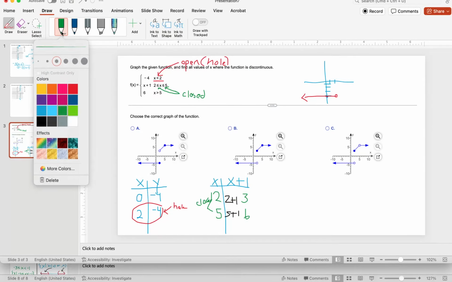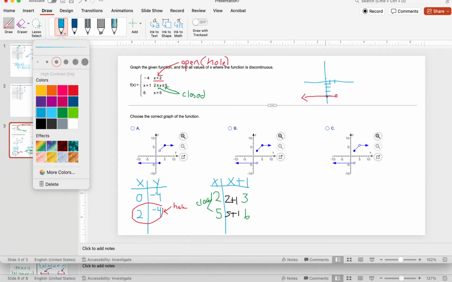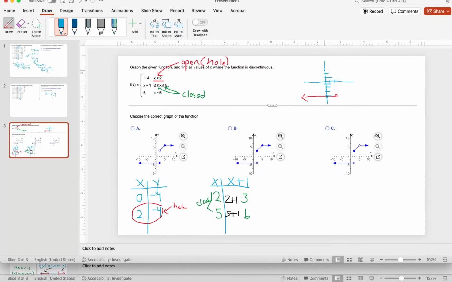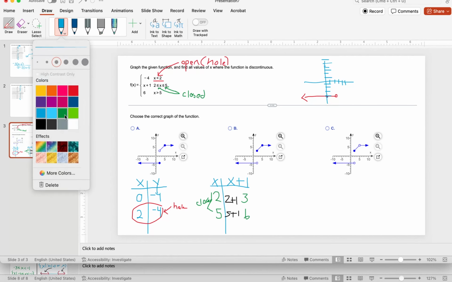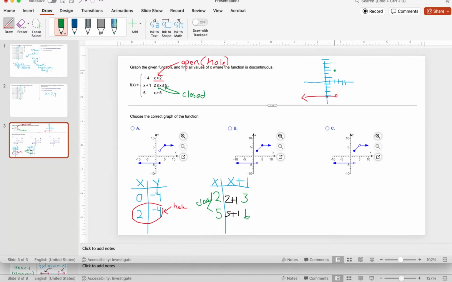Let me go up here: 1, 2, 3. And we have one at 5, 6. I'm going to go ahead and get these little points. So at 2, 3, and at 5, 6.